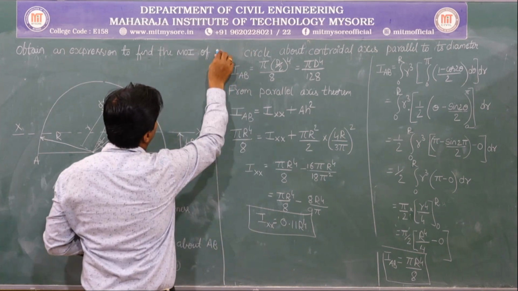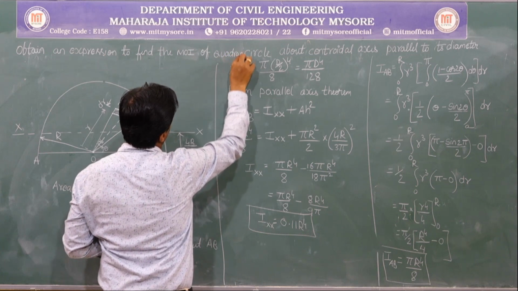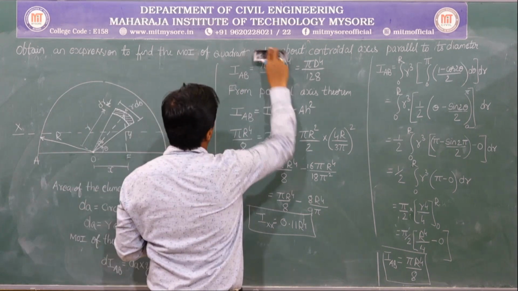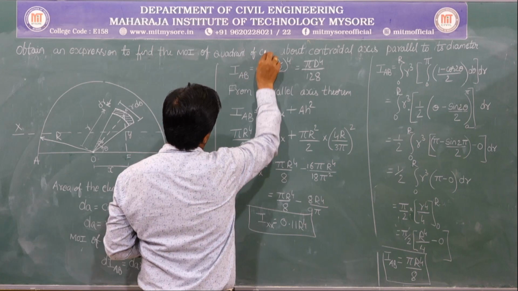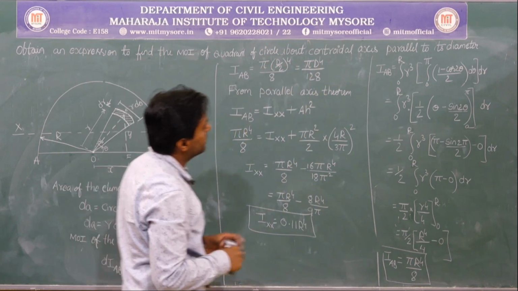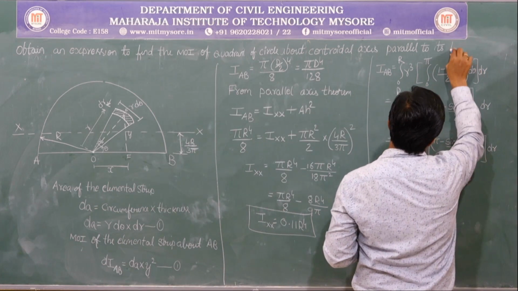Instead of semicircle, I will be going with the quadrant of a circle, about the centroidal axis parallel to its base.